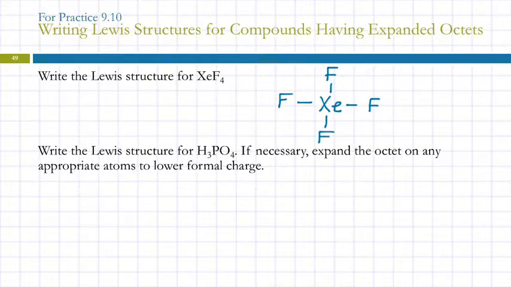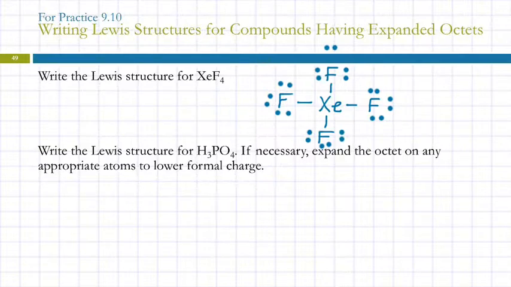We have 4 times 7, 28, and 8 is 36. 2, 4, 6, 8, 10, 12, 14, 16, 18, 20, 22, 24, 26, 28, 30, 32. I need to put 36 electrons in there. What the heck?